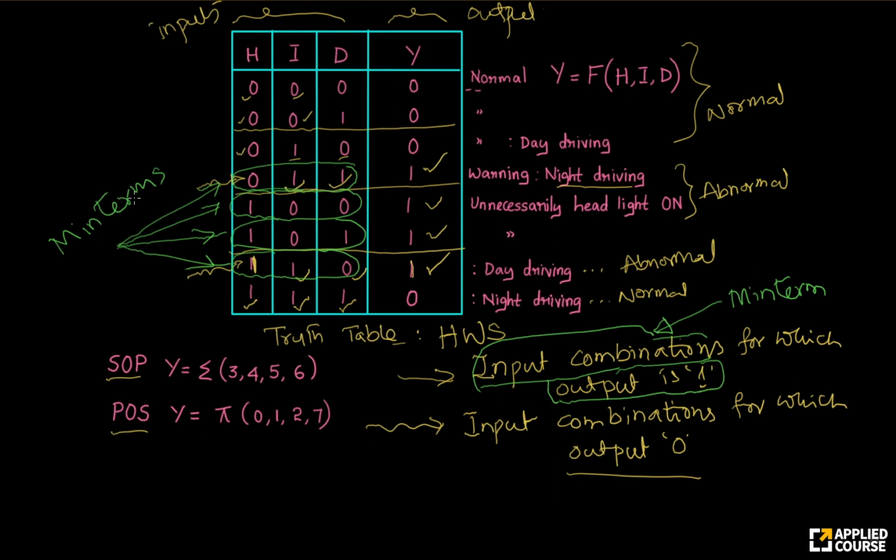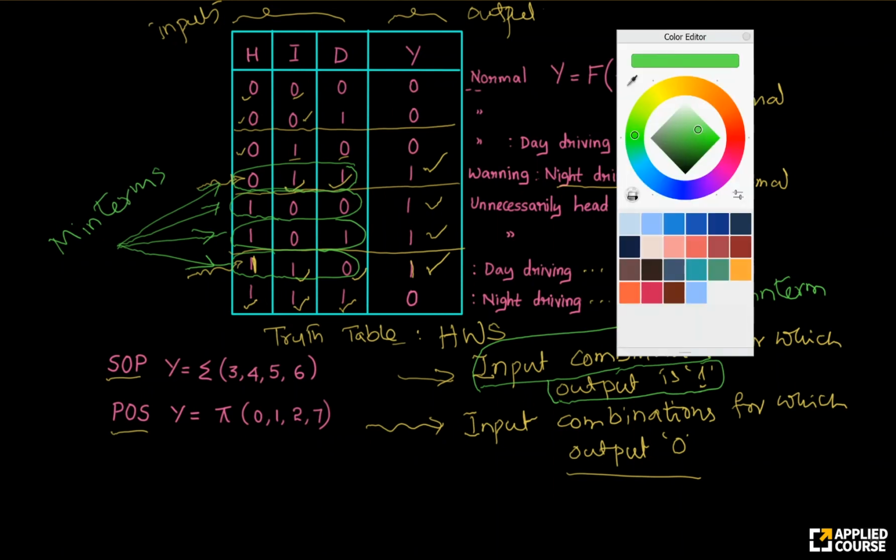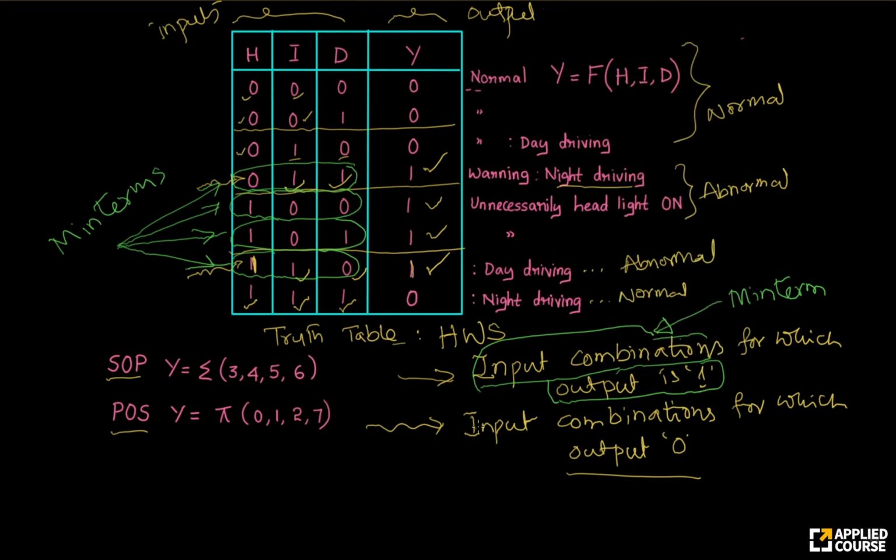On the other hand, an input combination for which output is 0 is called a max term. So the entire digital system is based on min terms and max terms. In this problem, there are 4 max terms and 4 min terms.